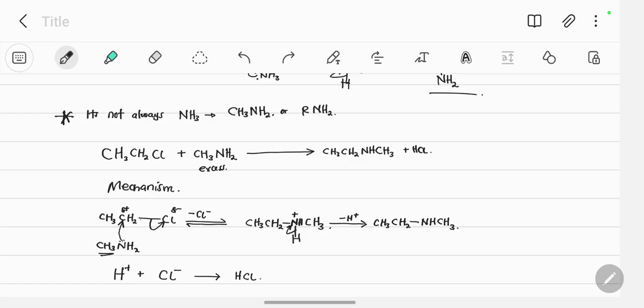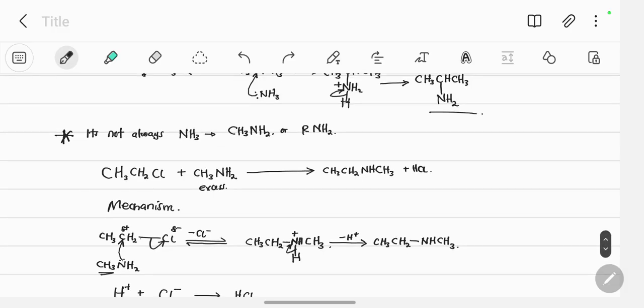Then we have another one, and it states that tertiary amines can be formed by reacting a primary alkyl halide with a secondary amine. So formation of tertiary amines.